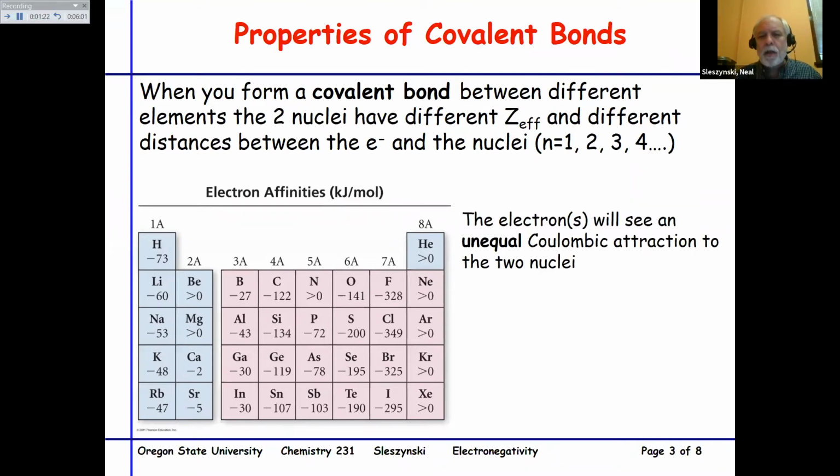And the electrons are seeing an unequal Coulombic attraction, the attraction between positive and negative charges between the two nuclei. The nuclei with the higher Z effective, found to the right and in the top of the periodic table, attract those electrons more strongly than elements with a low Z effective.